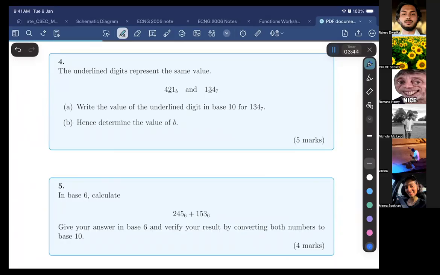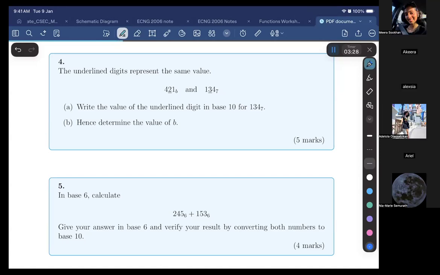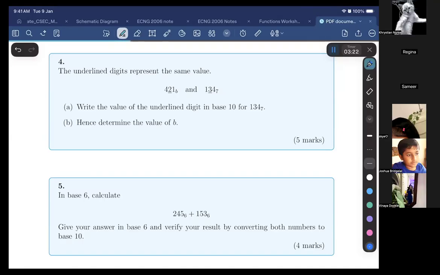All right, Karina, let me explain something. If you understand and you think you could tackle question 4, do it. Darius, I think you should be able to tackle question 4. Nikolai, Romano, I think you can handle that. Nia, Akira, I think you can handle that.